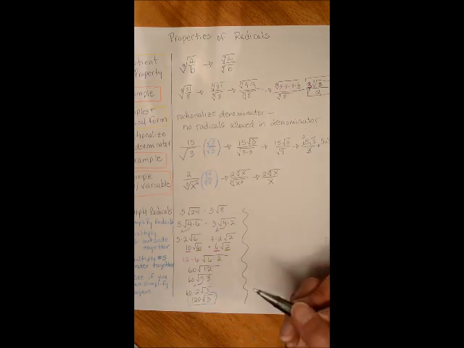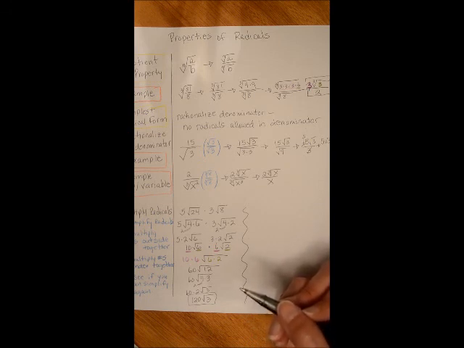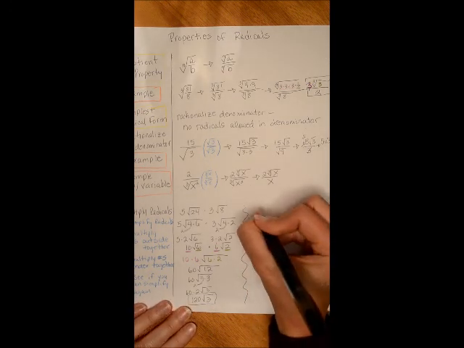Let's try one with some letters. Let's see if I can find a nice one with some variables. Well, let's try this. Oh, you know what? Let's do this one. This one has to do with quotients, and I want to show you this too.